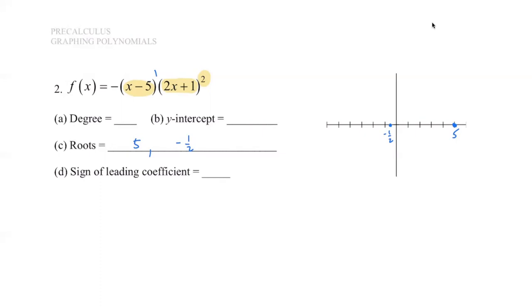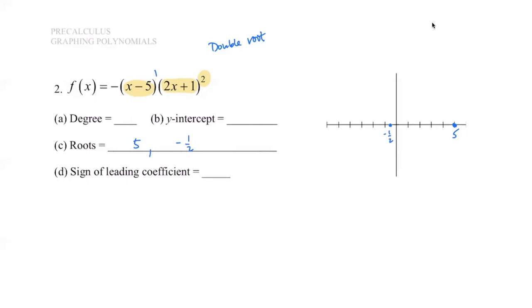Sometimes you may also hear that this is called a double root, meaning that it is the root twice because it's being squared. So we have to make sure that there would be some sort of bounce at negative 1/2. Is it bouncing on the positive side or negative side? Again, we don't know yet. We'll find out in a moment.